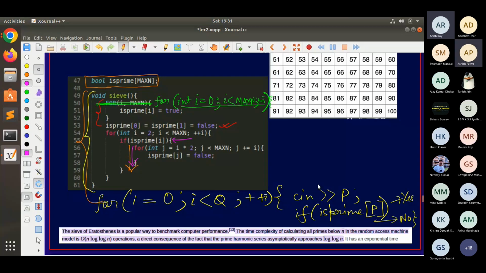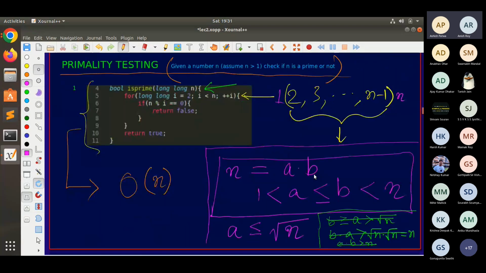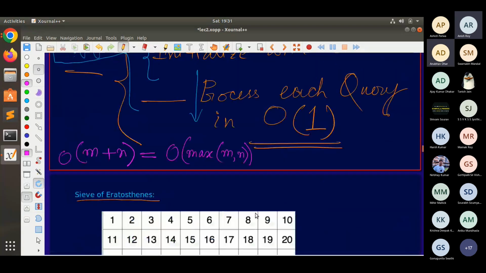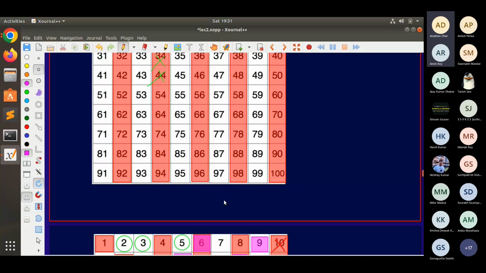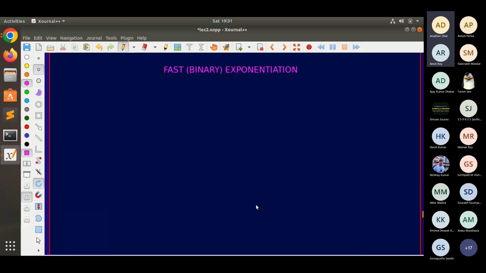Will modular multiplicative inverse be covered in this, that is binary exponentiation and other things? Yeah, I did plan to cover it in today's class itself, but I ran short of time.